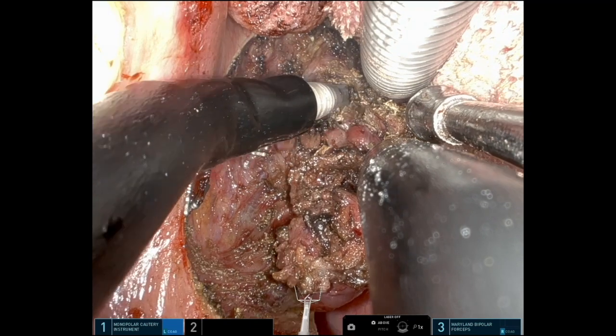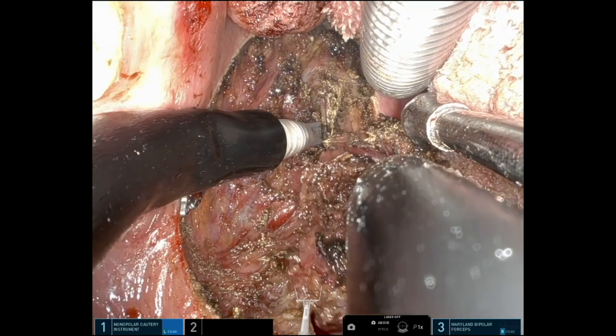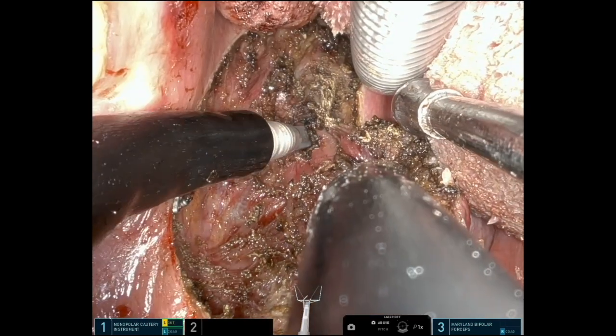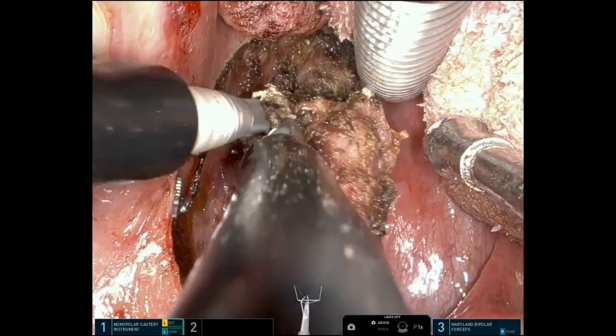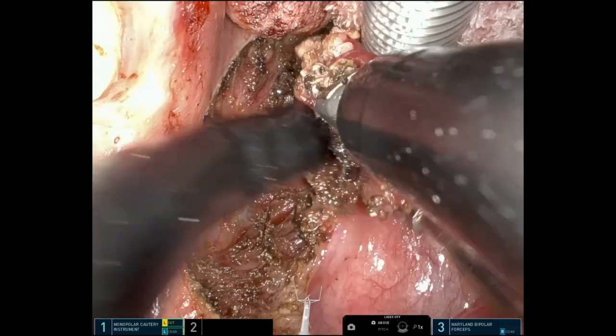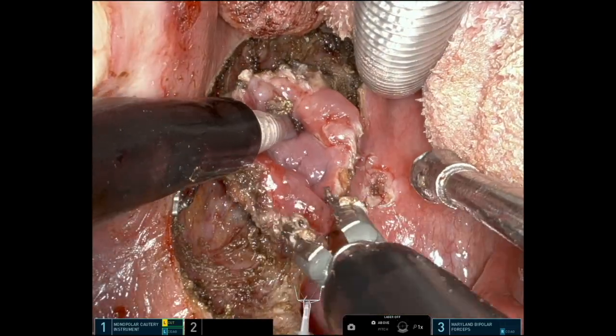These are the final cuts being made inferiorly. Again, an area that can be difficult to see without the robotic magnification and access. These are the final cuts to remove the tumor.